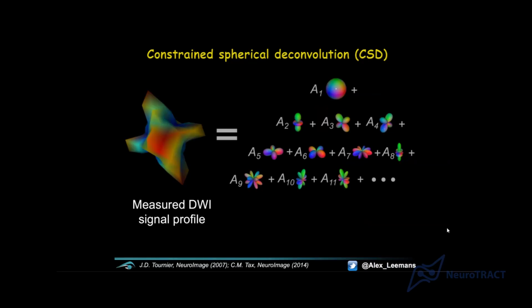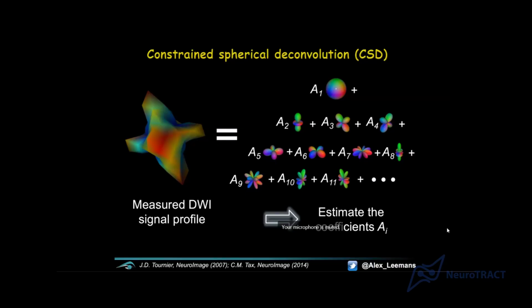So first step, I mentioned our diffusion profile. That's what we measured. Let's rewrite this as a linear combination of our spherical harmonic basis functions. This is a similar approach to describing a signal as a linear combination of sines and cosines. Does it ring any bells? Well, that's Fourier analysis.